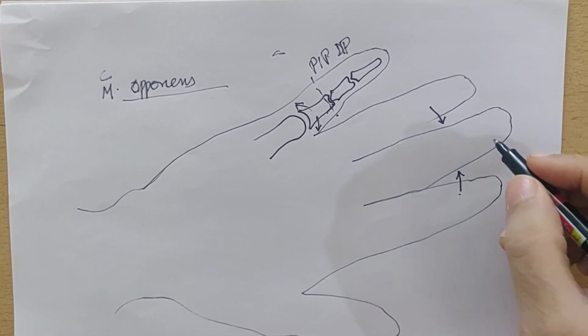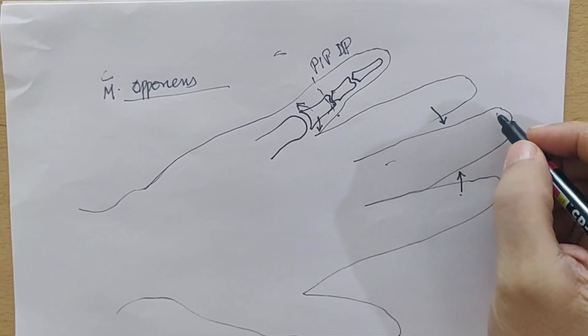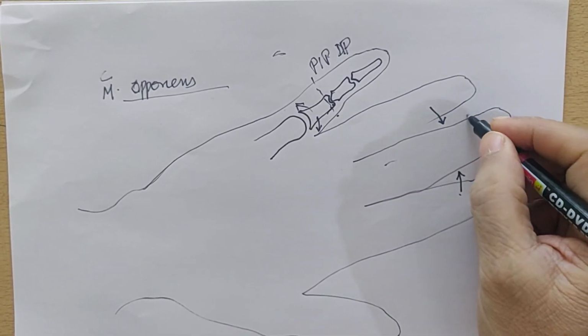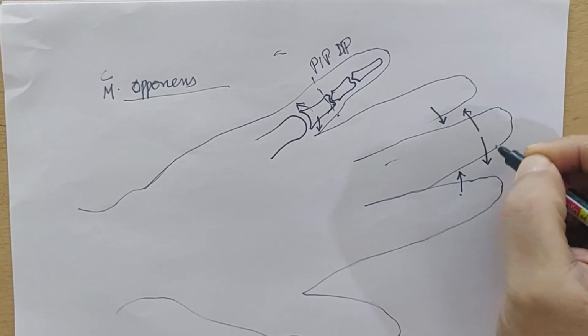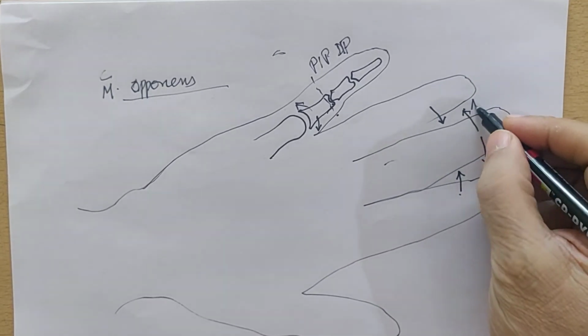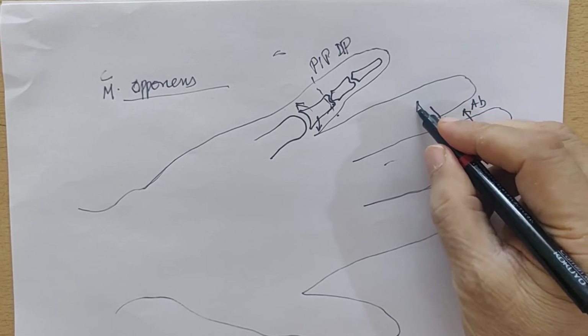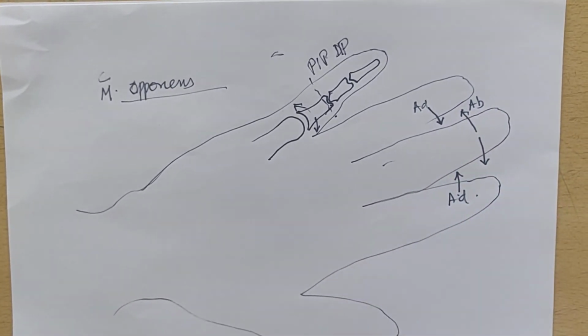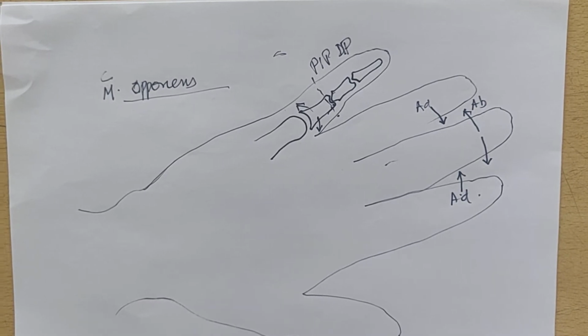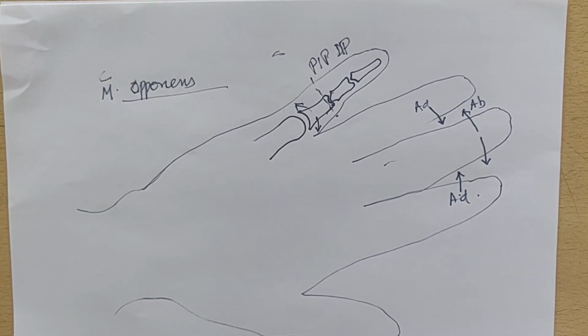Both are adduction. But the middle finger would move only away from it. So both the movements of the middle finger are abduction. So this is the nomenclature of the movements that can occur at the metacarpophalangeal joint.